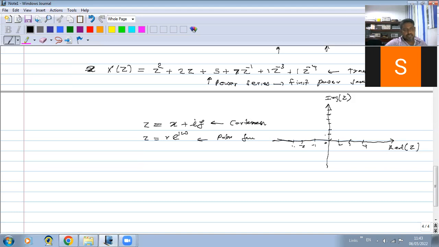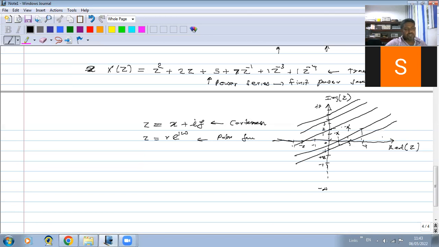Such as 1i, 2i, 3i, and so on, or -1i, -2i, -3i, and so on, up to minus infinity and also up to plus infinity. And z can have a real part and also an imaginary part. So z can be any kind of value. All of this plane is valid for z.